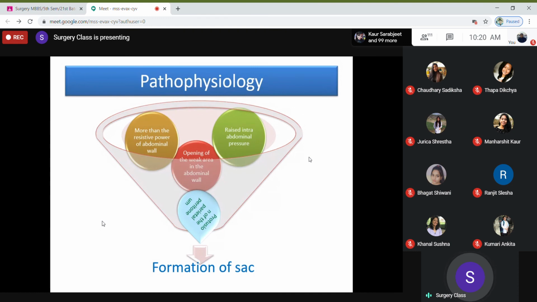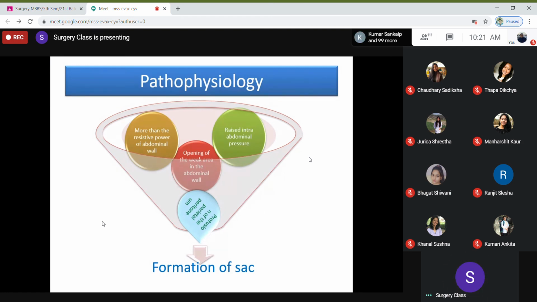If you look at the pathology, this is a very important diagram. If the pressure increases more than the resistive power of the abdominal wall, the weakest point of the abdominal wall will open up, because the pressure is what the abdominal wall maintains. If the abdominal wall is strong and the intra-abdominal pressure is so high, it might stretch the muscle of the abdominal wall and make it weak.